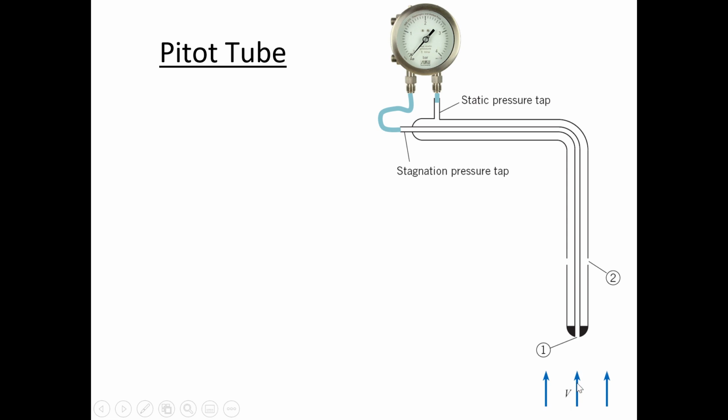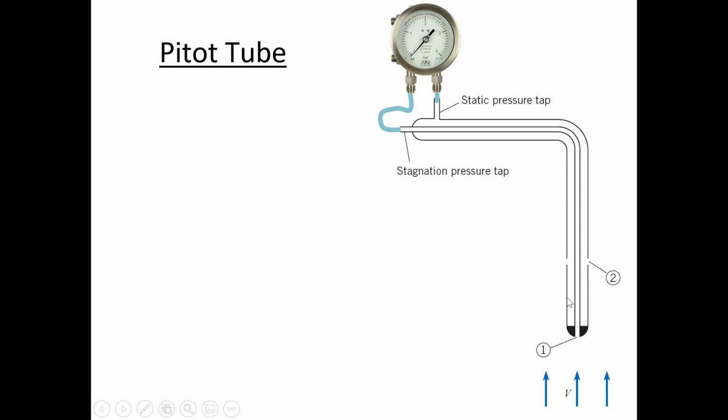So the air that intercepts the opening of the pitot tube experiences that stagnation effect. And so the pressure increases inside of the center of the pitot tube, and it's connected to a pressure gauge that's measuring how much higher is the pressure in the central part of the pitot tube.